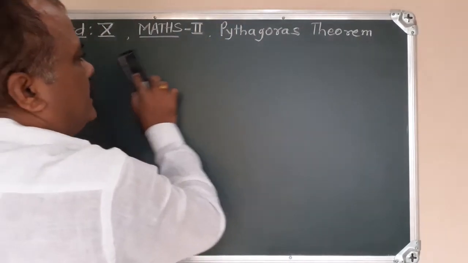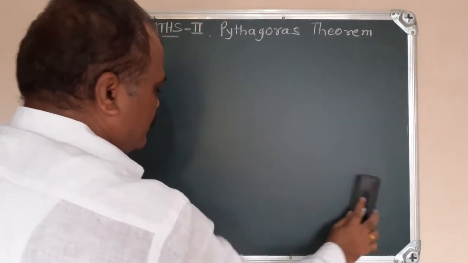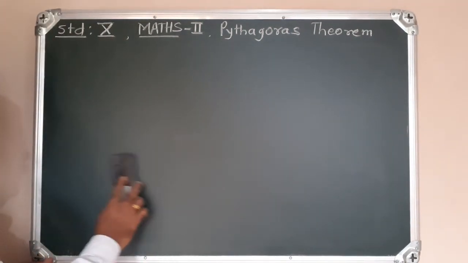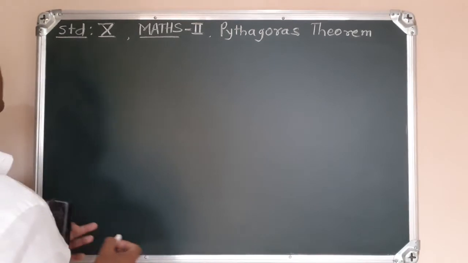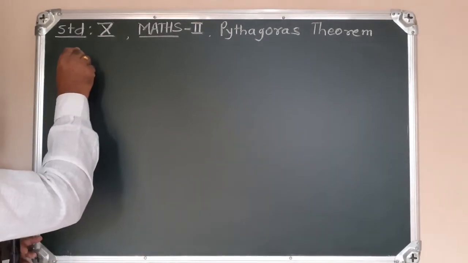Now second property is property of 45 degree and 90 degree triangle.